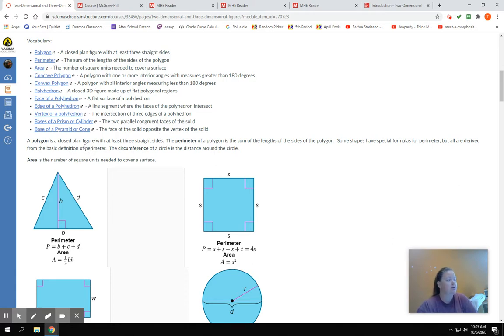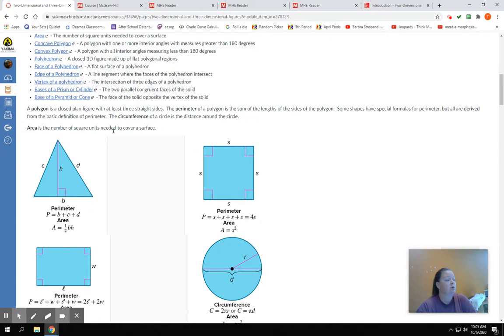Polygon is a closed plane figure with at least 3 straight sides. The perimeter of a polygon is the sum of the lengths of the sides of the polygon. Some shapes have special formulas for perimeter, but they're all derived from the basic definition of perimeter. The circumference of a circle is the distance around the circle. Area is the number of square units needed to cover a surface. All right, so these 3 are polygons.